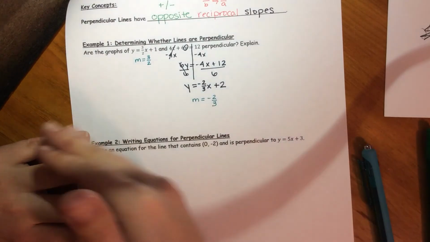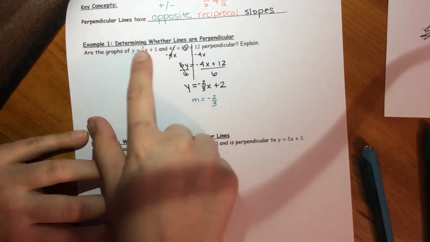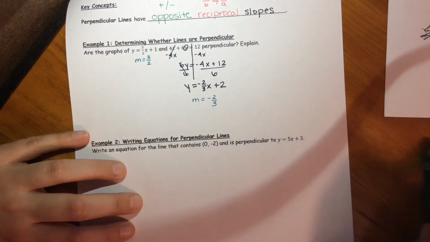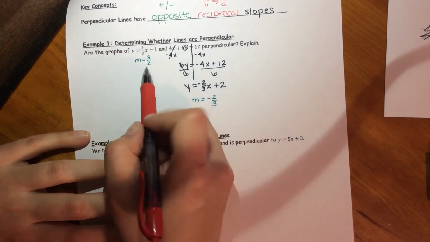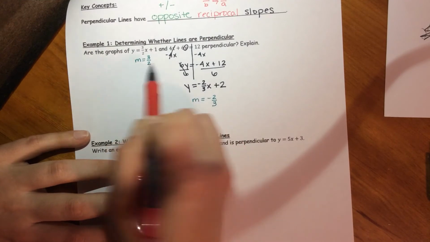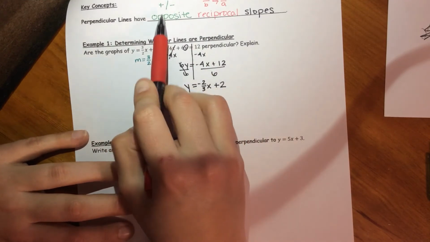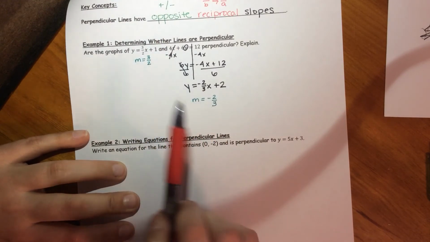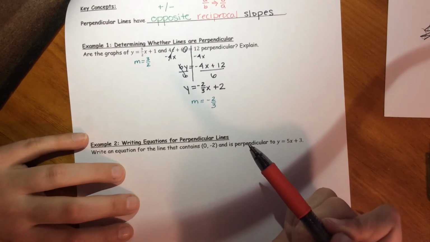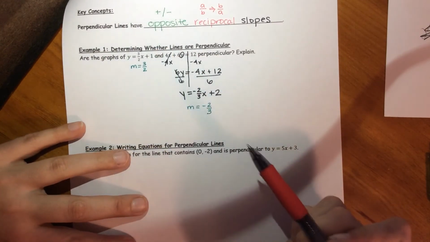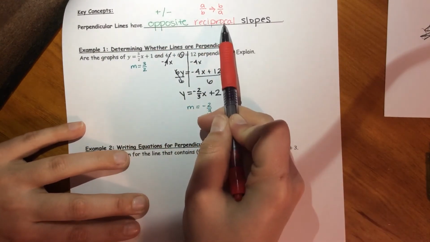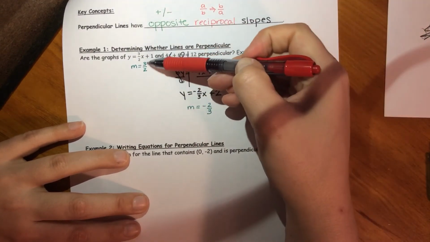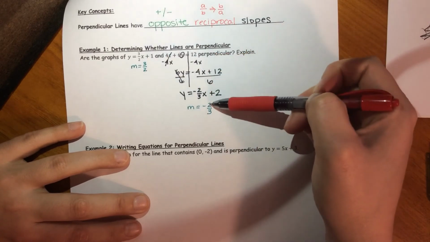Now to answer the question, are these two equations perpendicular? And we need to explain it. If it's yes, we need to explain. If it's no, we need to explain. So let's look at our fractions. We have 3 over 2 and negative 2 over 3. The first thing we want to look at is one positive, one negative. This one's positive. This one's negative. So it works so far. It works for them being opposite slopes. Are they reciprocal slopes? If I have a over b, is the other slope b over a? So we have 3 over 2 and then 2 over 3.